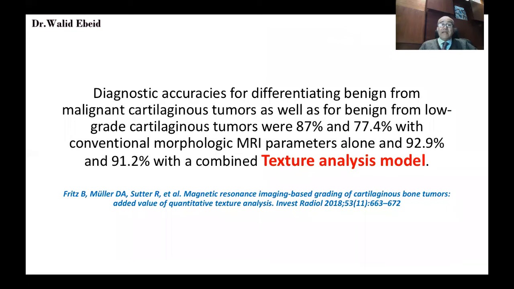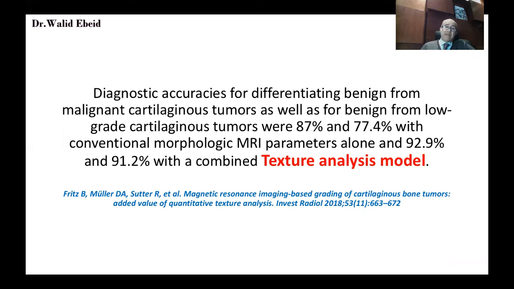The diagnostic accuracy for differentiating benign from malignant cartilage tumors, as well as benign from low-grade cartilage tumors, were 87% and 77% on the conventional morphologic MRI parameters alone, whereas this percentage increased to 92% and 91% if we combine the MRI with a new tool called texture analysis model.